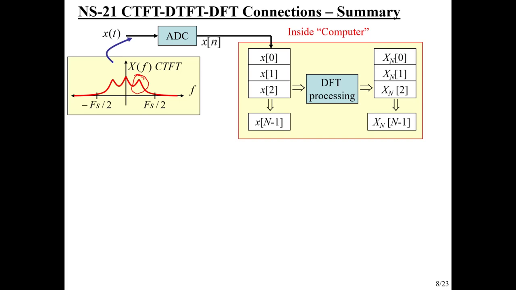I have to sample that continuous time signal at some sampling rate fs, and I see here that I've picked an fs in this example such that fs over 2 leaves a lot of the original spectrum outside of that range. Remember, these two things get mapped to minus pi and pi on the discrete time frequency axis.